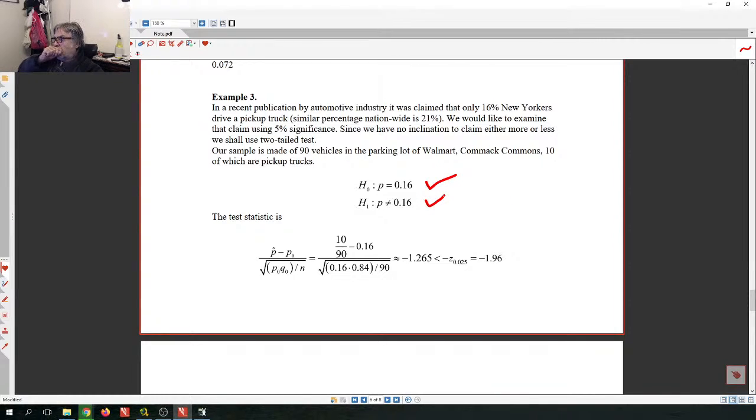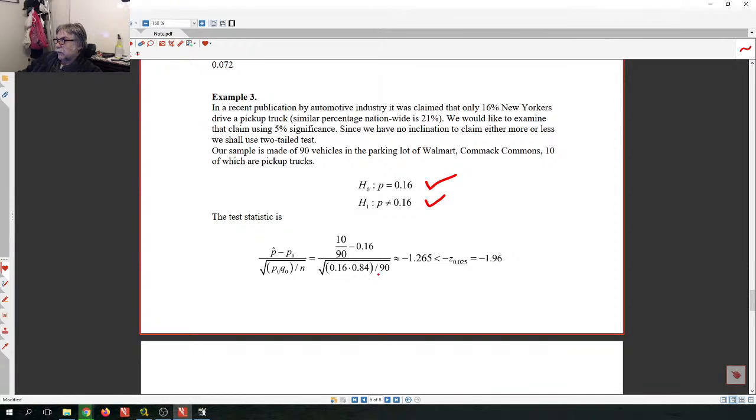Two-tail alternative. Okay, here is my test statistic again. So I have p hat, which is out of the sample, 10 out of 90. It's approximately 11%, but you have to calculate that. And then you have 16%, which is presumed to be true. Downstairs you have 16% and 84%, so these are two complementary numbers that add up to 1.